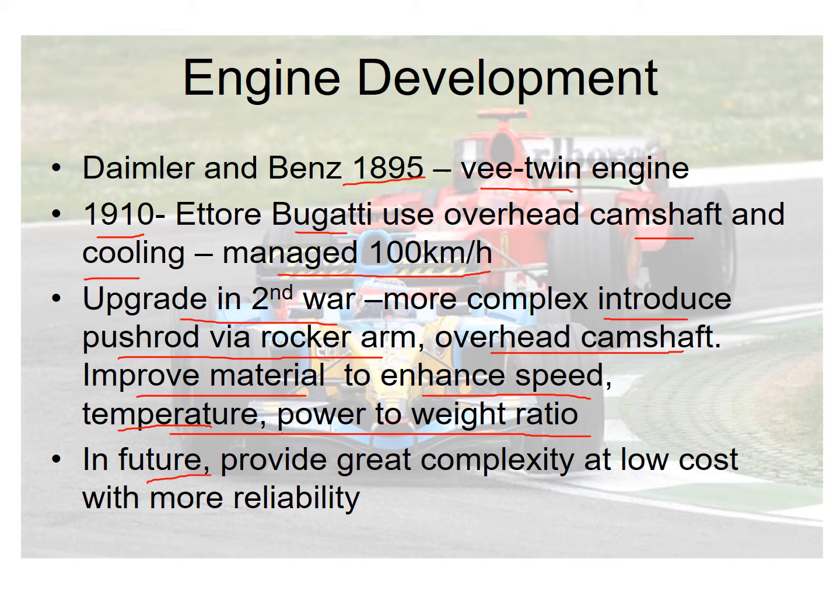In future, this provides great complexity at low cost and more reliability. After the Second World War, the development of materials made the cost lower and lower, and more reliable vehicles have been produced, so it became more common for people to use vehicles.